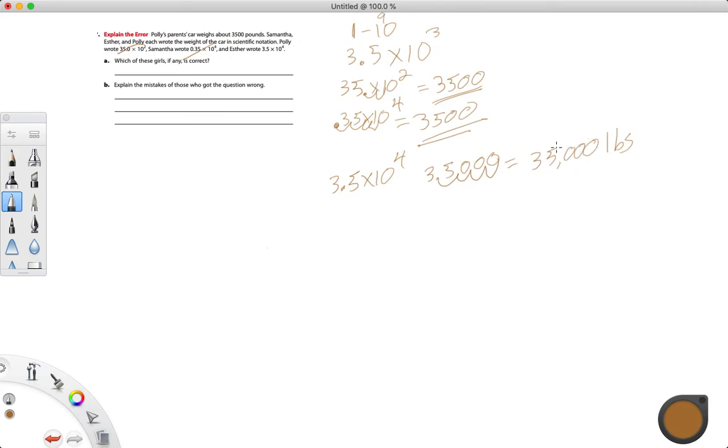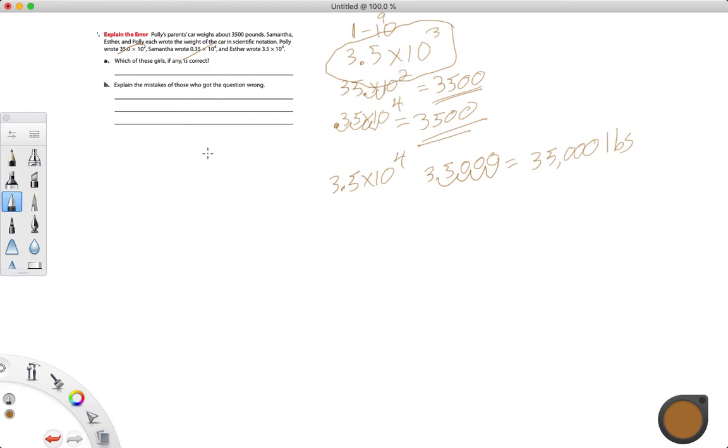So 10 of Polly's cars would weigh 35,000 pounds. So she was just off in her exponent. She had the form correct, but her exponent wasn't correct. So none of them matched the actual scientific notation, which was 3.5 times 10 to the third power.